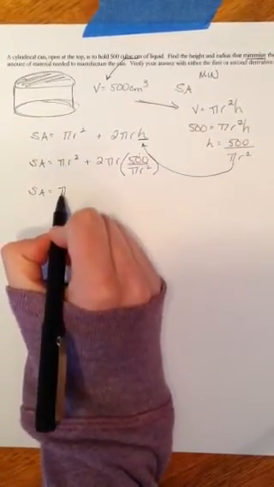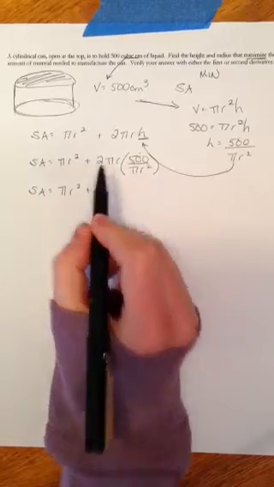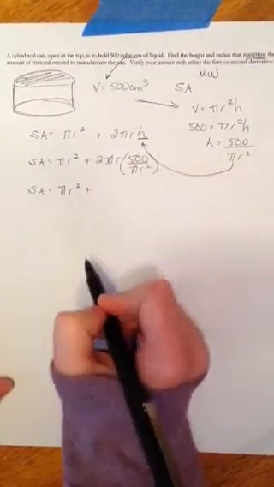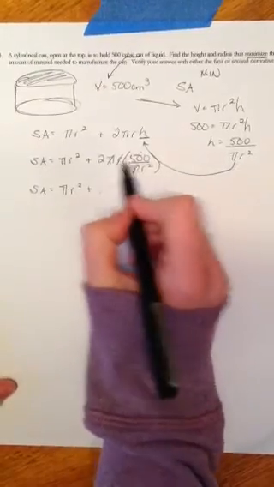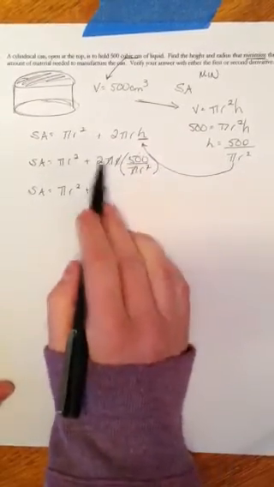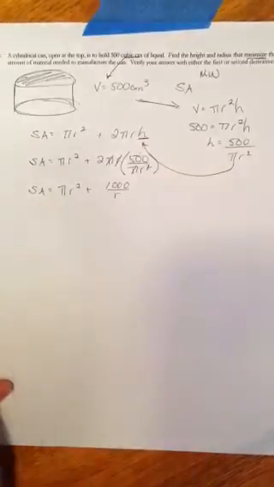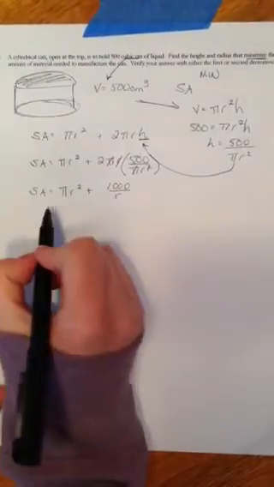Surface area, pi r squared plus. Looking at this formula, I can cancel out my pi's, awesome. I can cancel out my r, awesome. 2 times 500, 1,000 over r. Well, guess what? I can even make that easier.